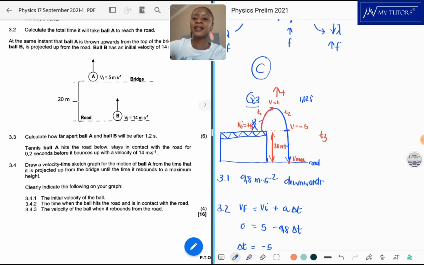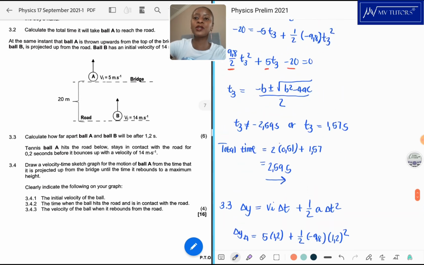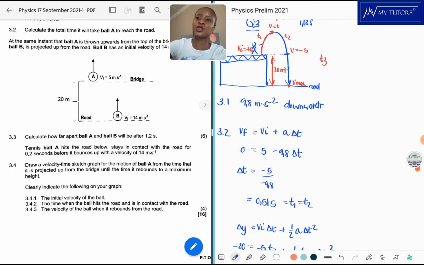But now this time here it's 1,2 seconds. So we're looking at the value that we got, that negative 1,056 meters. That's what you would subtract from the 20. So it has reached this point over here.